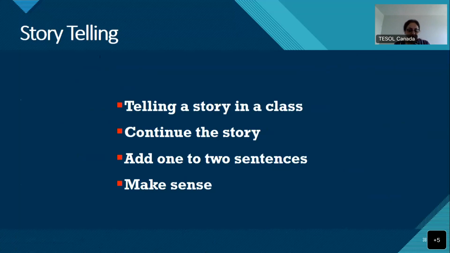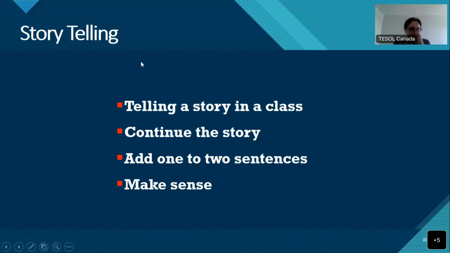You can even tell them, everybody knows the Cinderella story. They even read it when they were a child or they watched the movie. So what if Cinderella hadn't got married to the prince?